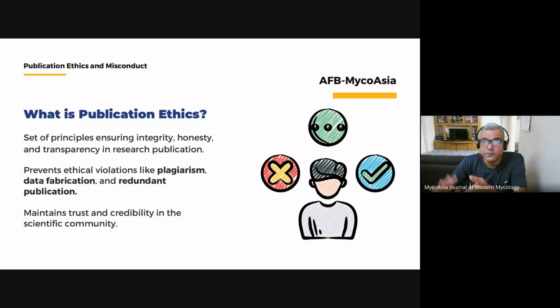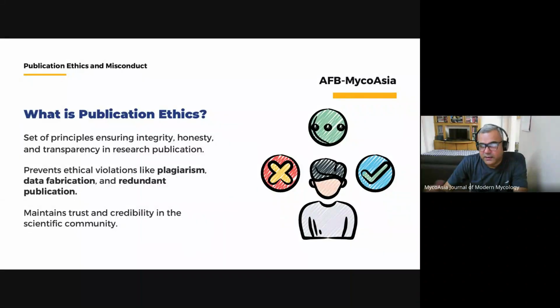If you follow publication ethics, then you can avoid violations like plagiarism, data fabrication, or redundant publication. I will be explaining what is plagiarism, what is meant by data fabrication, how data fabrication is different from falsification, and I will be talking about redundant publication.